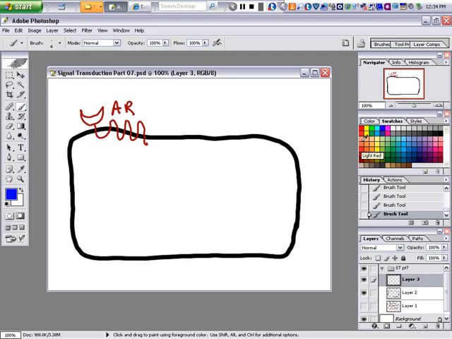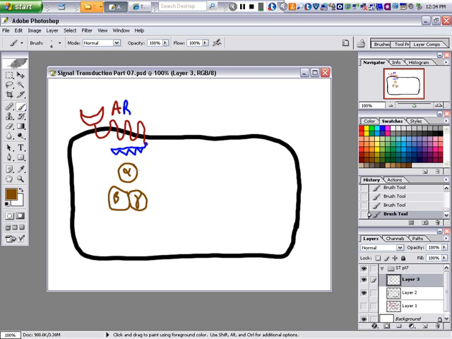Does anybody remember what type of protein is associated with the adrenergic receptor? A G protein. So I'm going to put alpha for our G protein, and then we're going to have beta and gamma.